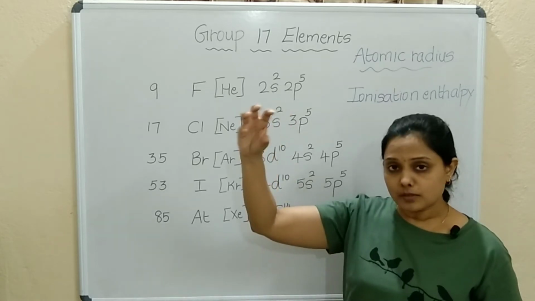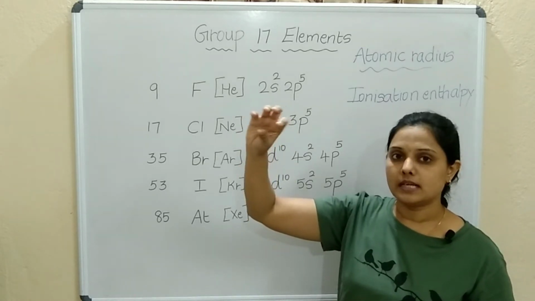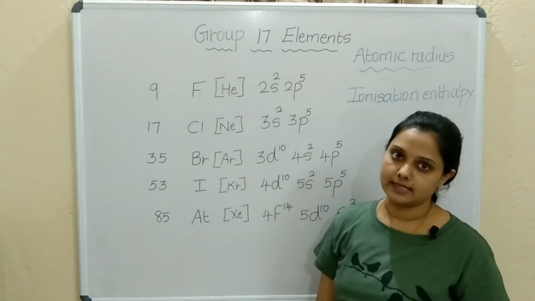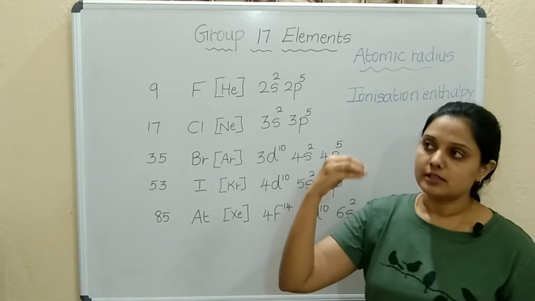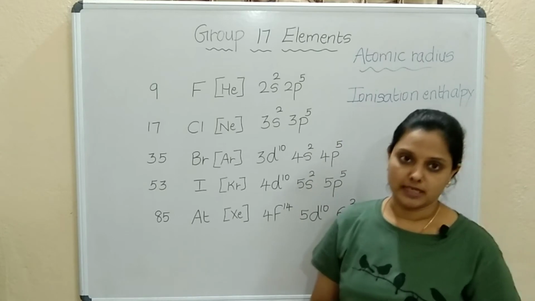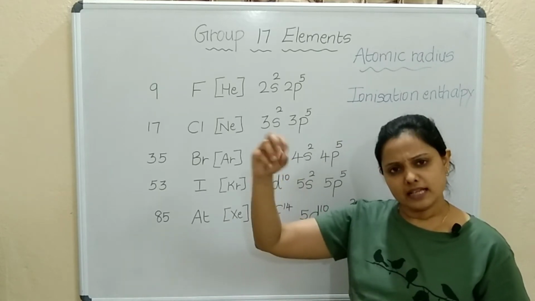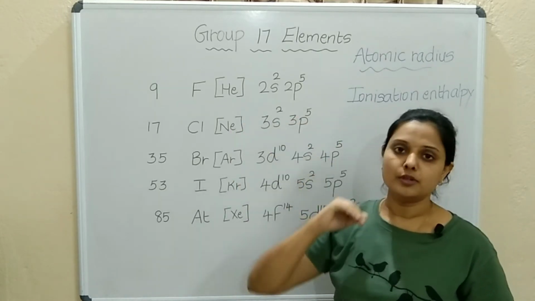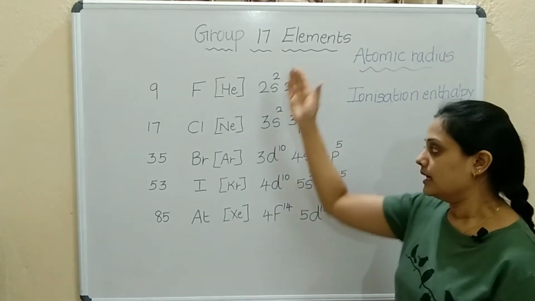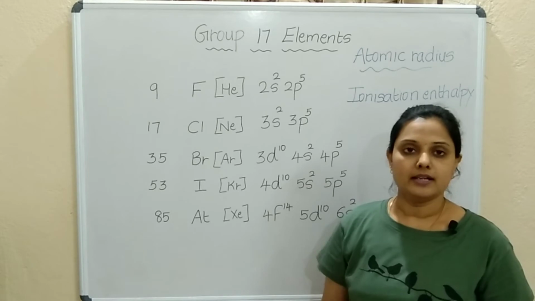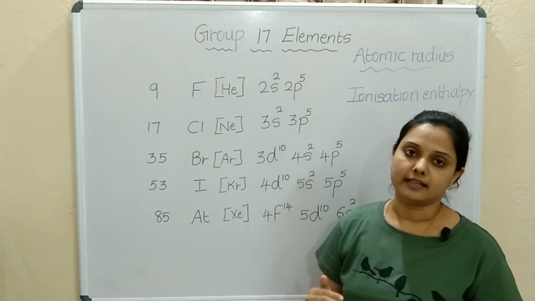The outermost electron is loosely bound to the nucleus, so it can be easily removed. Therefore, down the group, the ionization enthalpy decreases.